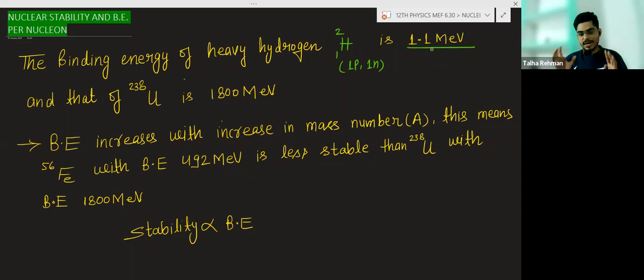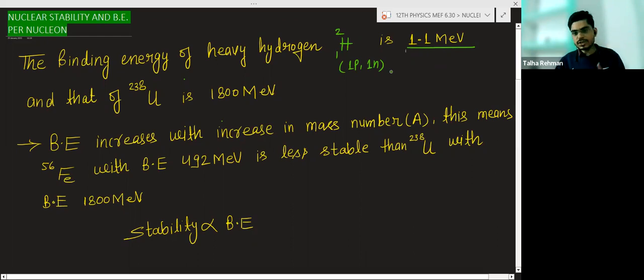Binding energy means the energy which is required to bind the nucleons inside the nucleus. That is the binding energy. So for heavy hydrogen it is 1.1, and for uranium 238, this is 1800 mega electron volt.